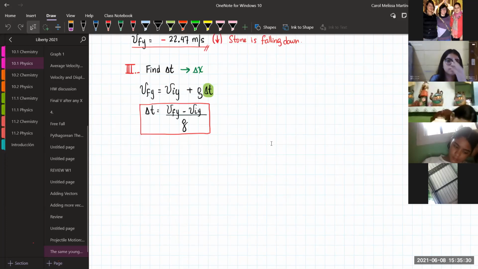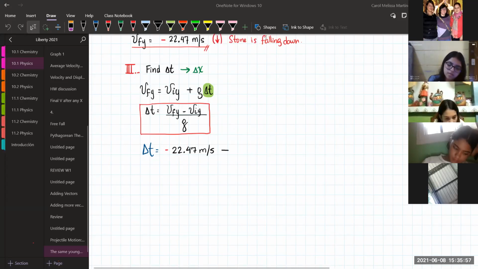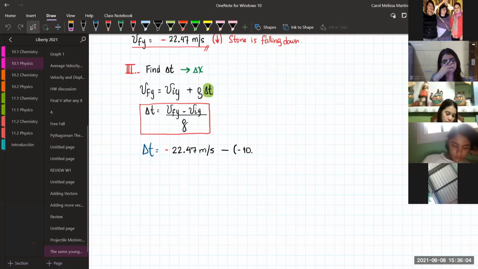So you say delta t is equal to final velocity in y. We got negative 22.47 meters per second minus, from the formula, initial velocity in y, negative 10.61 meters per second.